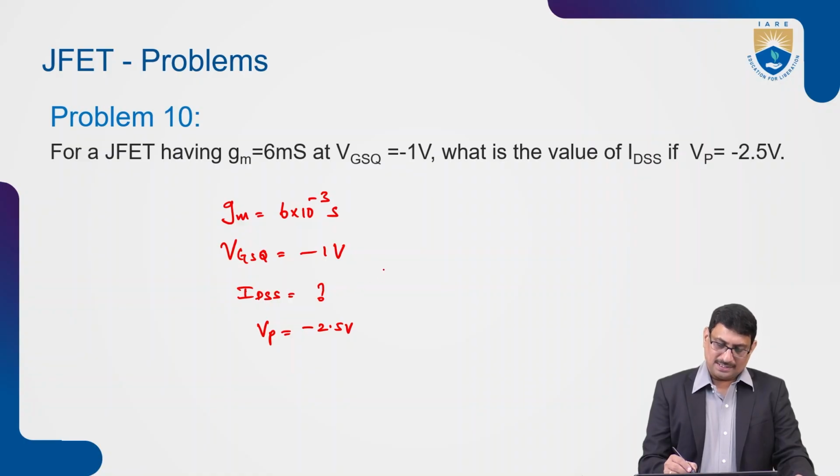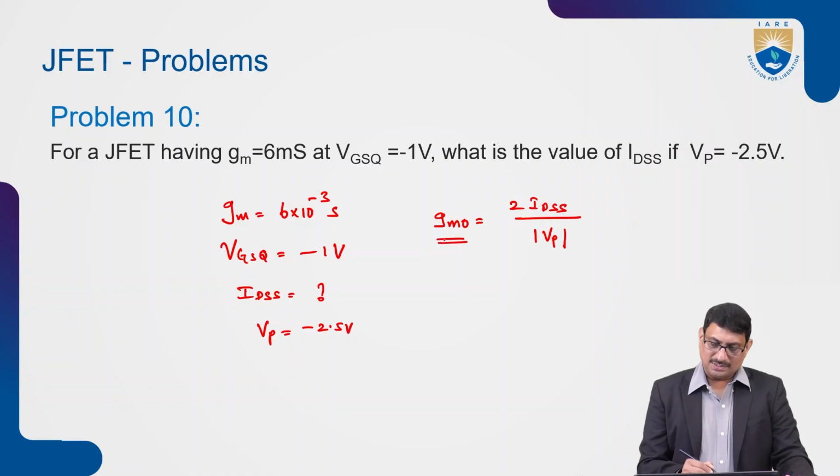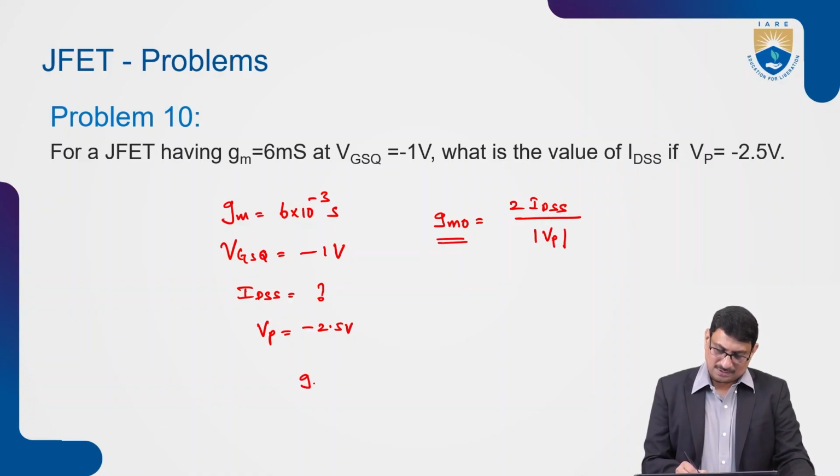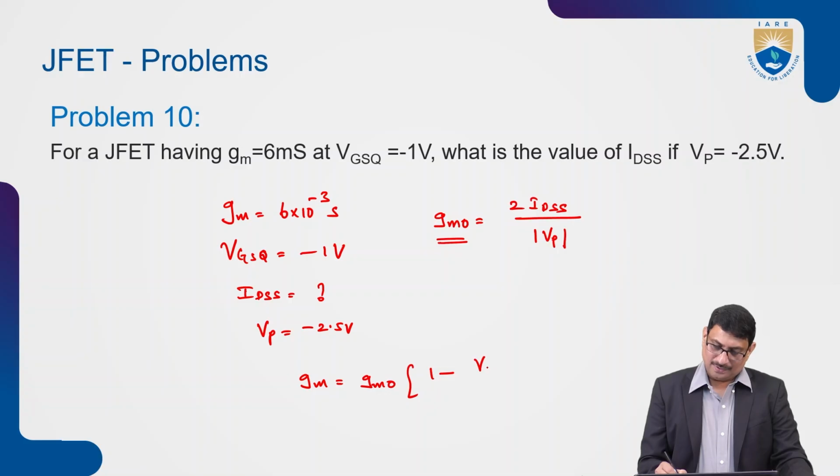To calculate the IDSS, we have gm naught equal to 2 IDSS divided by magnitude of VP. But we don't know what gm naught is. To calculate the gm naught, we have gm equal to gm naught into 1 minus VGS divided by VP.